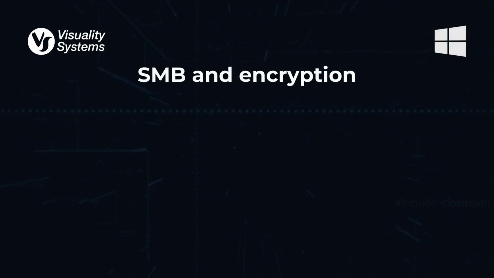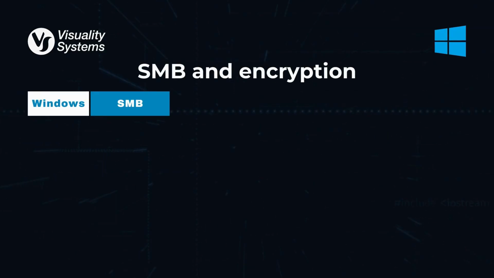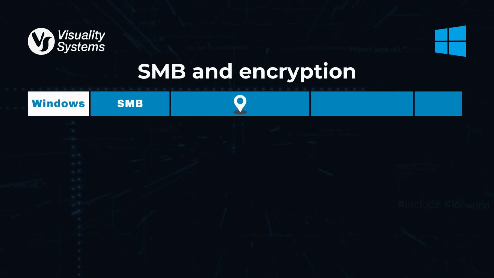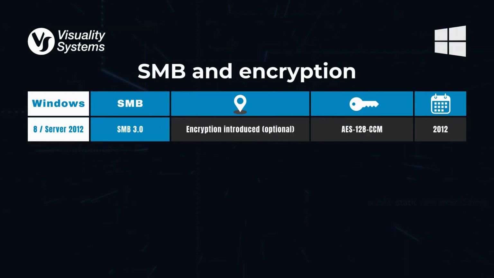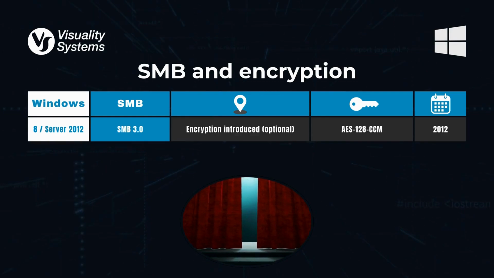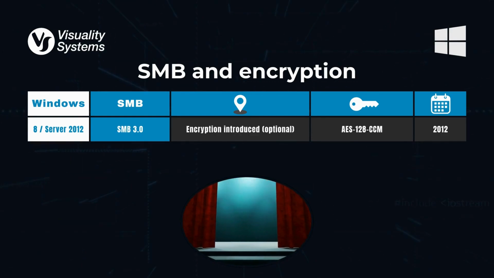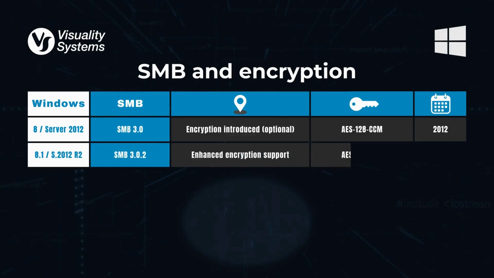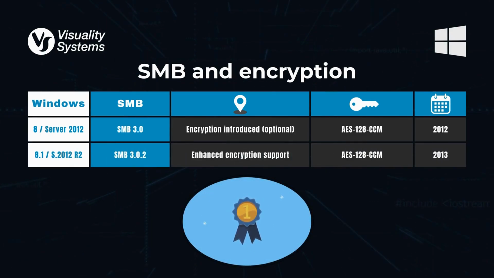Let's take a look at the evolution of SMB encryption across various Windows versions and how it has strengthened over time. In 2012, with Windows 8 and Windows Server 2012, SMB 3 introduced encryption for the first time, using AES-128-CCM as an optional feature. A year later, Windows 8.1 and Server 2012 R2 built on this foundation with enhanced encryption support, continuing with AES-128-CCM.